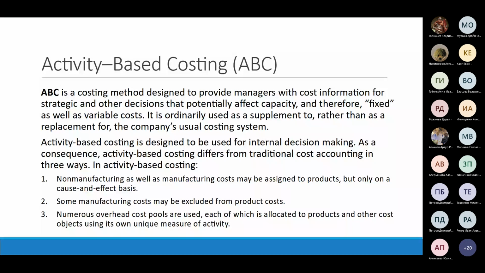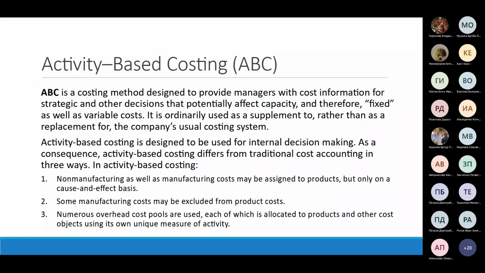So we have to assign non-manufacturing cost if we know exactly that this cost is really necessary to produce the specific set of items. If we are not sure, we can't, of course, but if we are sure, we can. Some manufacturing cost may be excluded from product cost, if this cost is not relevant for decision making.